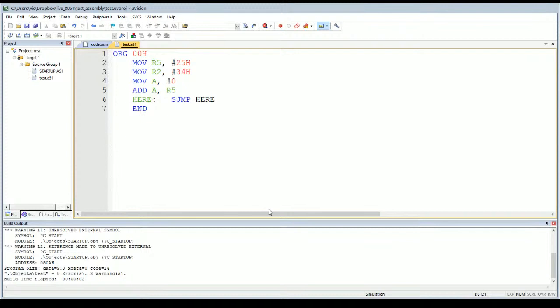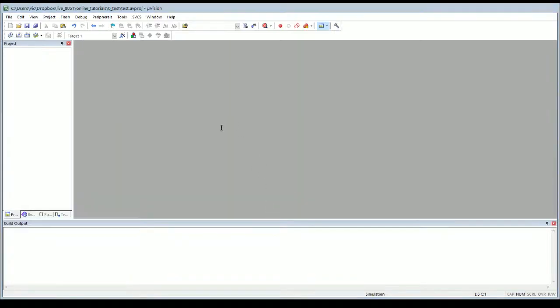Now we'll type the code name, test, and save. It will ask for the microcontroller, so we'll be writing the code for the 89S51 microcontroller. There are a lot of microcontrollers available from a lot of manufacturers, and you may think that the 8051 was introduced in the 1980s, and still it is being used in industry and in academics because of its simplicity in programming.